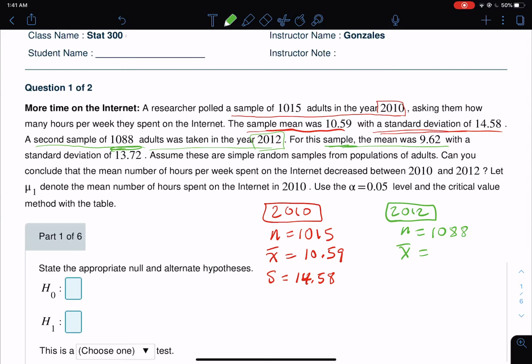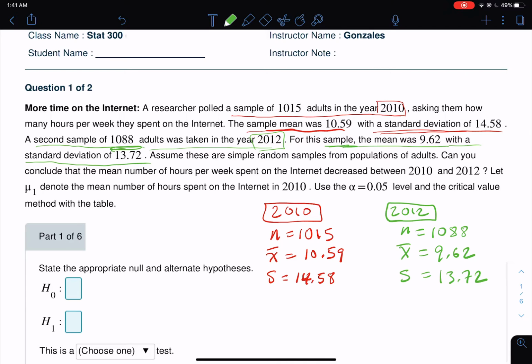It's really important to get your variables straight, so when you plug them into the formula, everything matches up nicely. So this is x bar, and that is 9.62. I'm still talking about the sample, so the sample standard deviation, a little less from this second sample, is 13.72.